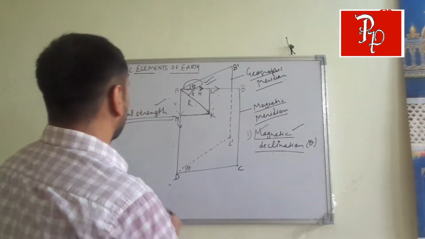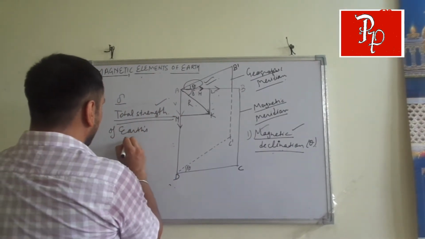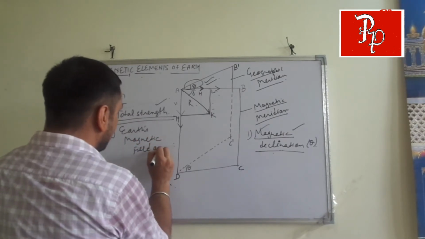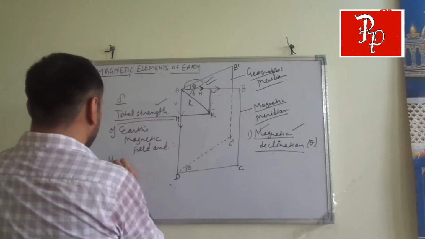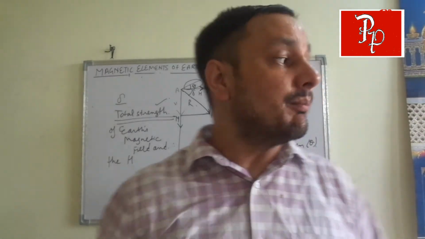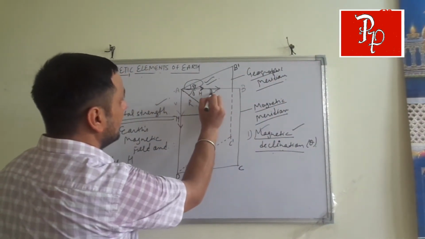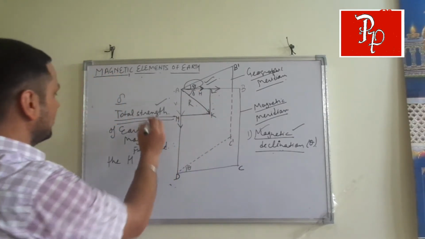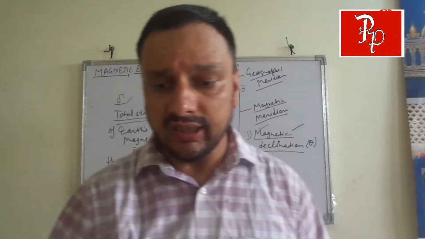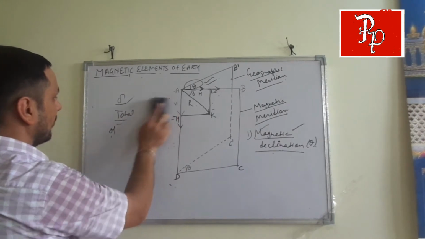Of Earth's magnetic field, and the horizontal line in magnetic meridian. तो ये magnetic meridian में जो horizontal line है, represented AL. तो this line और इसके बीच का जो angle है total strength का, is your angle of dip, that is your delta. इसे हम delta से represent करते हैं students.